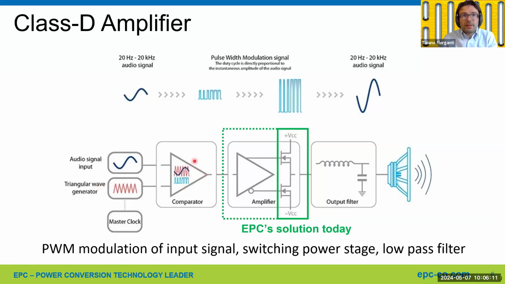But of course, it's more complicated than this example in practice. So basically, the analog input signal is converted into a PWM modulated high frequency signal that is then amplified by the, say, digital power stage, and then it's low pass filtered and converted back to the amplified version of the analog input.